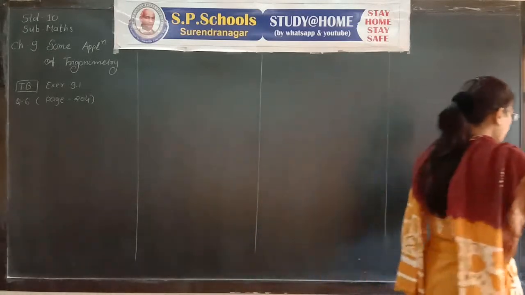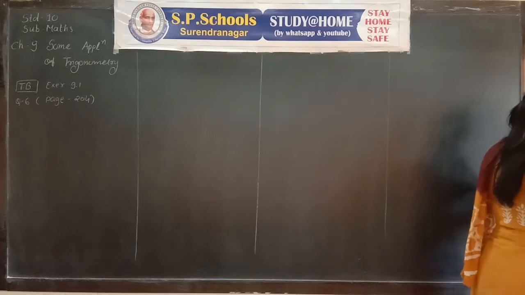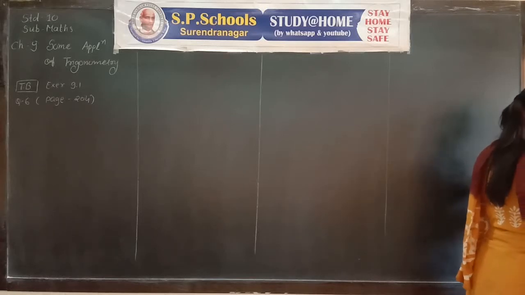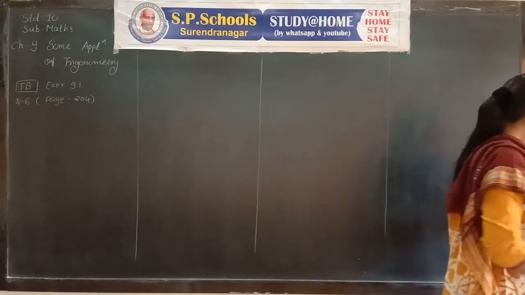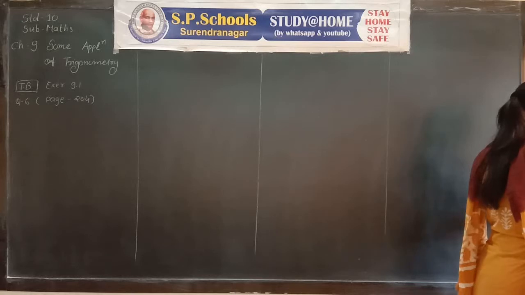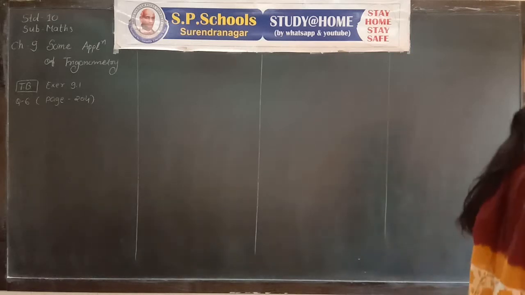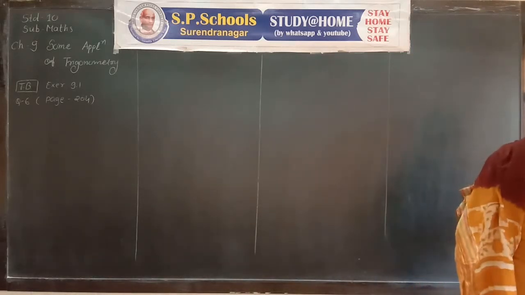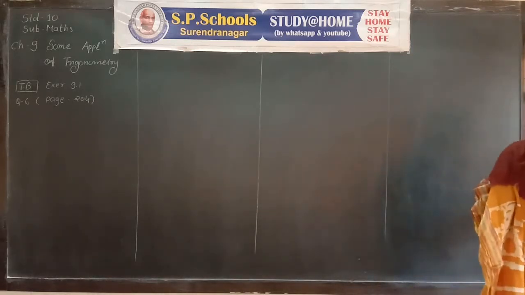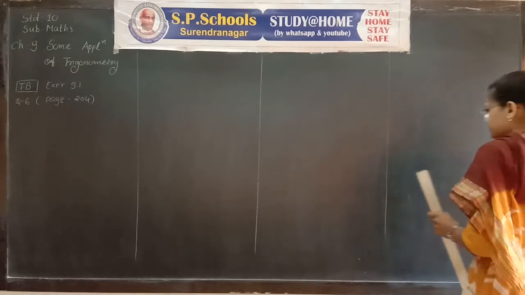Let's draw them as line segments, one building and second the 1.5 meter tall boy. To draw a figure, use a scale and pencil. As per our requirement, first of all, we have to draw a building.